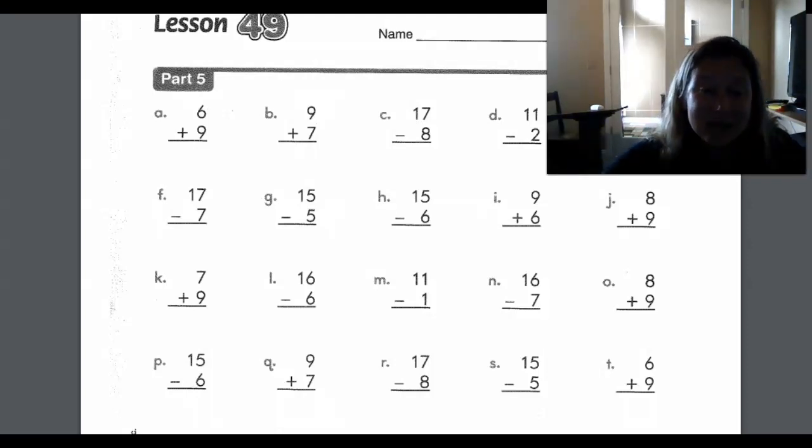And time is up. So go ahead and put a line after where you left off. And if you're not quite finished, you can put the video on pause and go ahead and finish the ones that you need to. And then you could come back and we can check it, okay?